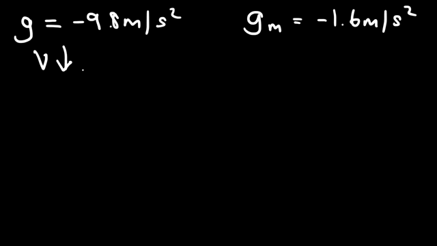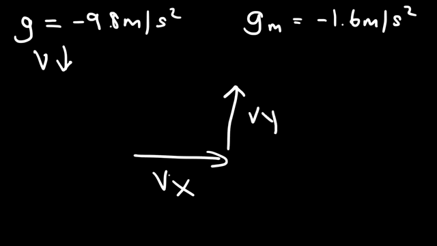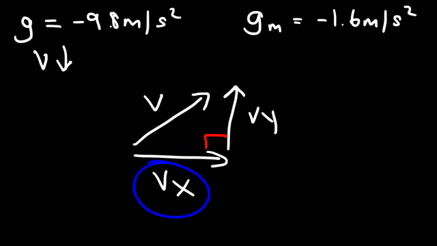And so let's talk about velocity. Velocity is a vector, and it can have an x component and it can have a y component. The actual velocity is basically the hypotenuse of this right triangle. Vx is the horizontal component of this velocity vector.